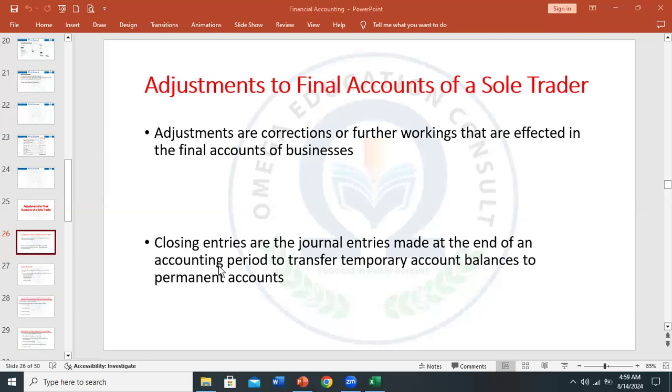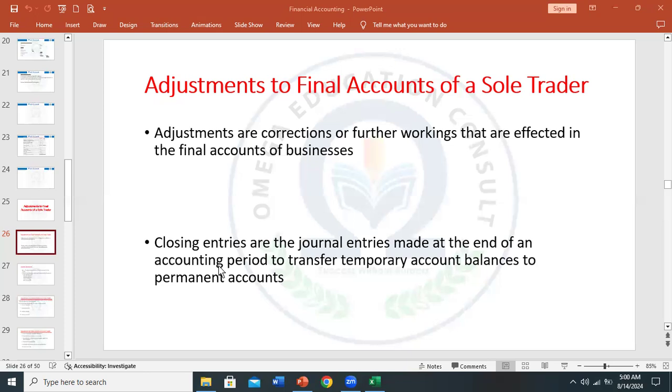So you can reckon that the sales account, purchases account, all the expenses accounts, or the income accounts are temporary because we transfer these accounts into the trading account and profit and loss account. Now, when you talk of the accounts for the assets, liabilities, and capital, these are not temporary because we keep holding their balances and carry them on to the next year.